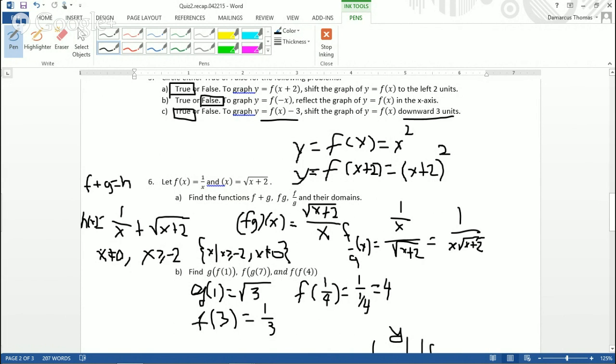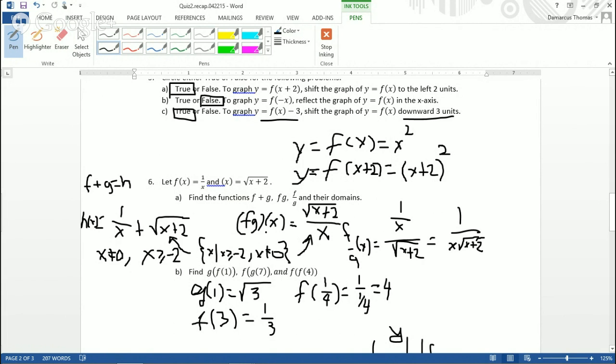The domain in f plus g is the same domain for this one as well. It'd be the set of all x's such that x is greater than or equal to -2 and x is not equal to 0. So I can plug in anything else, but I can't plug in a number less than -2, and I can't plug in 0.